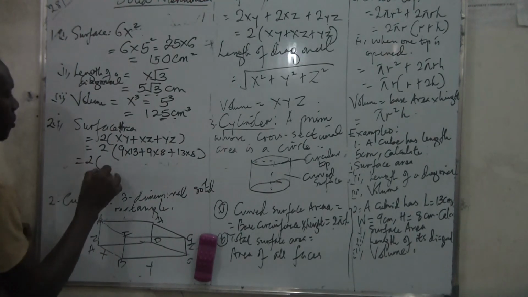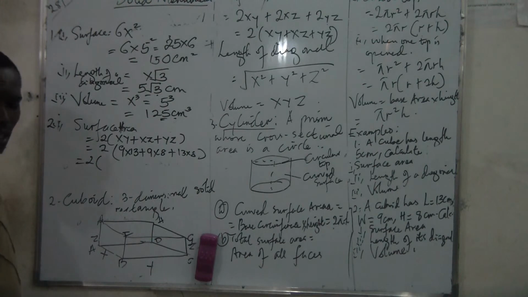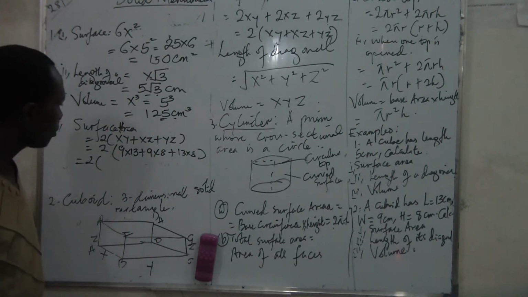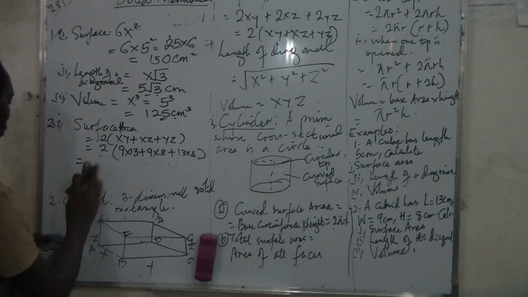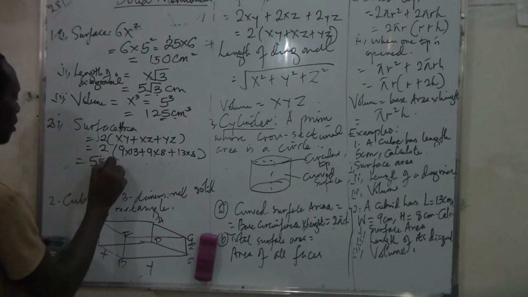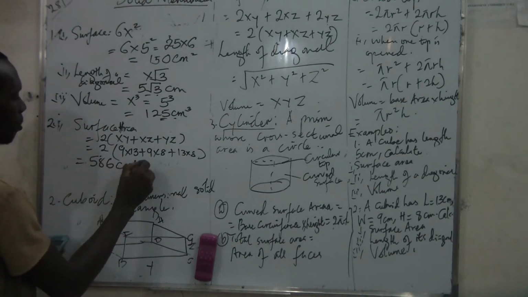So what would that give us? Let me have a calculator. So that will give us 9 times 13 plus 9 times 8 plus 13 times 8, times 2, which is equal to 586 centimeters squared.